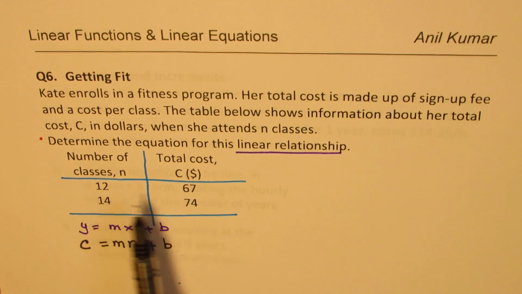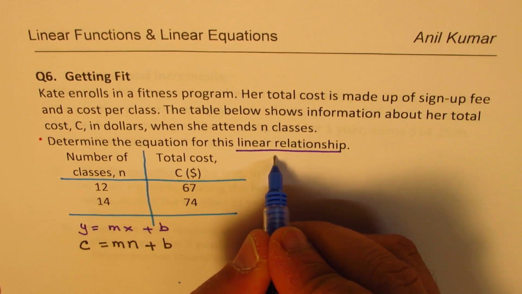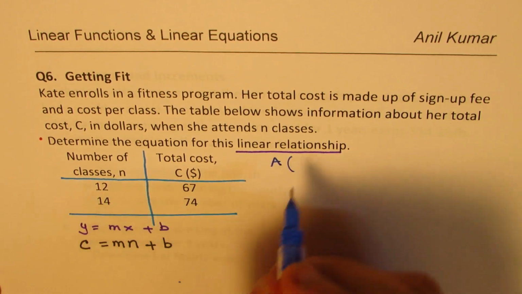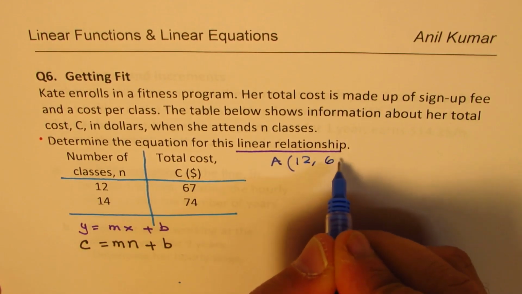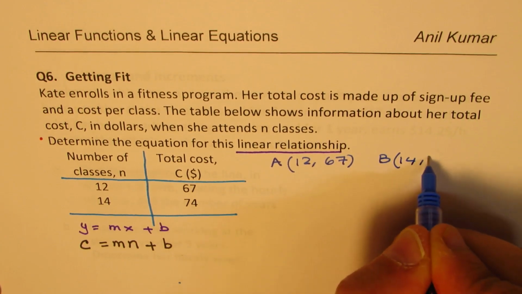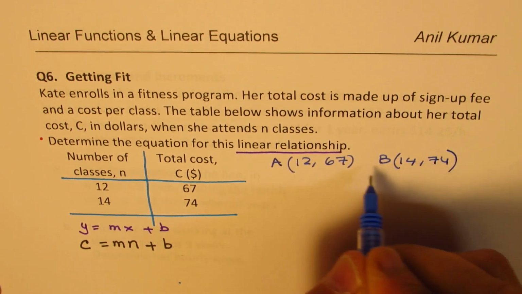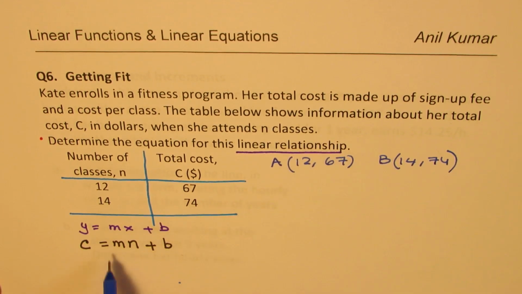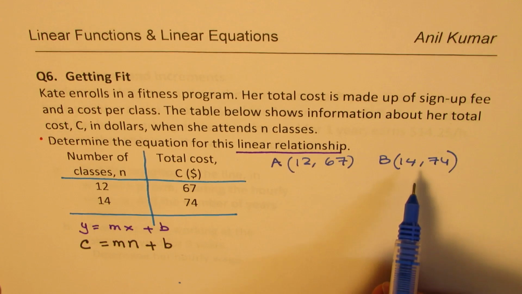Now treat this as 2 points. So what are you given here? Think like this. You're given point A, which is (12, 67), right? And you're also given point B, which is (14, 74). Correct? So if you're given 2 points, you know how to find m and you also know how to find b. So you can use the same concepts.